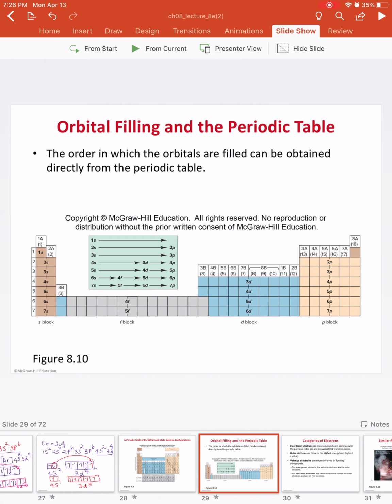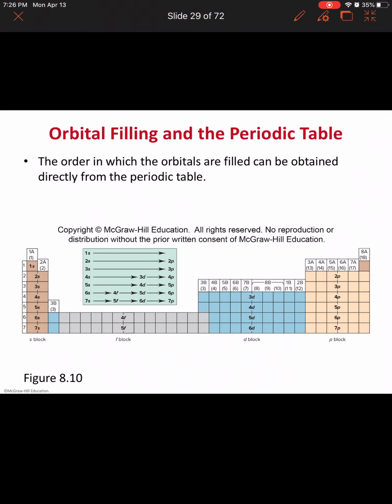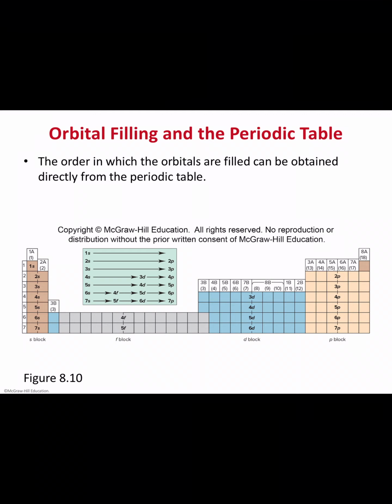Orbital filling and the periodic table. So this diagram shows us which electrons are going to fill in each section. This is the first section, s orbital, 1s, and then the 2s, 3s, 4s, and so on: 1s, 2s, 3s, 4s, 5s, 6s, 7s.